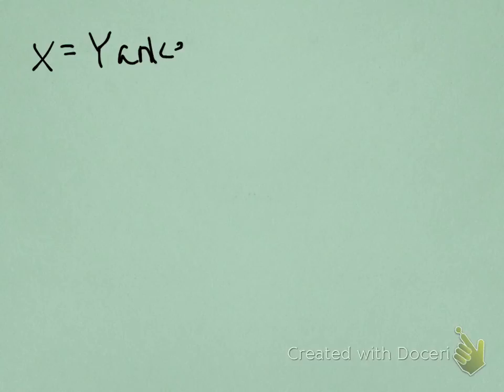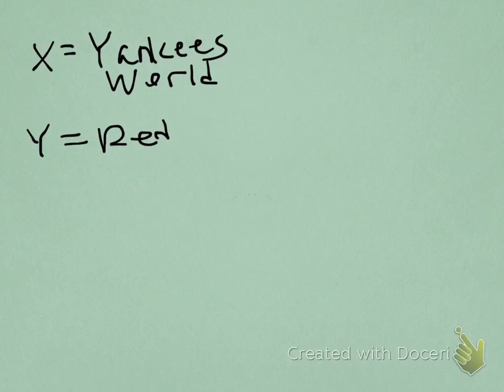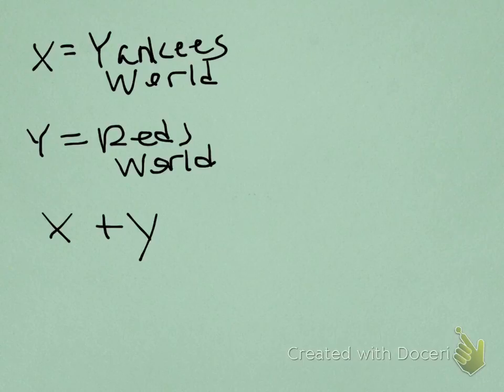So we're going to do, let's say x is going to be Yankees World Series, and y will be Reds World Series, and they have a total of 32 that they've won together. So we're going to write it like this. x plus y would be 32.